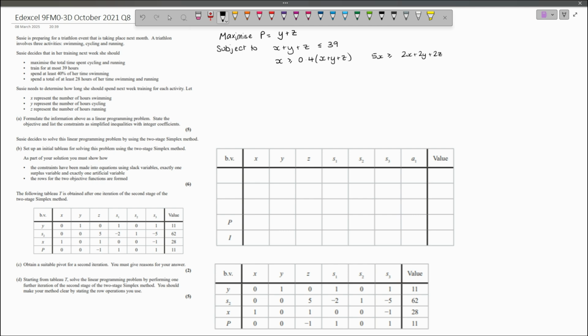I could get everything onto the left-hand side and be greater than or equal to a number, but I could get everything onto the right-hand side and be smaller than a number, and I prefer that. So I'm going to subtract 5x from both sides. So I'm going to get that negative 3x plus 2y plus 2z is smaller than or equal to 0.